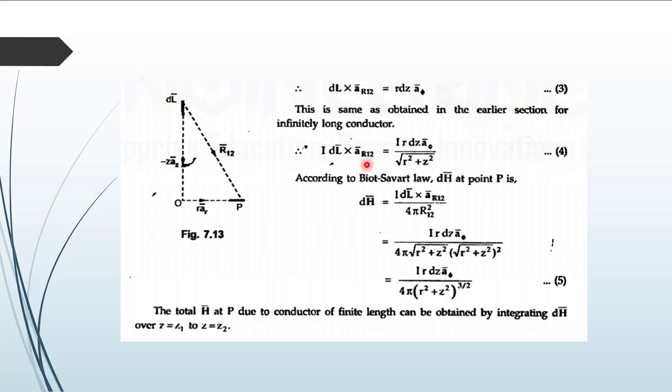Below that there is the magnitude of R, so R square plus Z square we have to keep in mind. So again using the Biot-Savart law at point P, what is the dH value? I dl cross A cap R12 divided by 4 pi R12 square. So we will put all those values here. dl cross A cap R12 is R dz A phi, so R dz A phi divided by 4 pi R12 square, meaning the magnitude of R12.